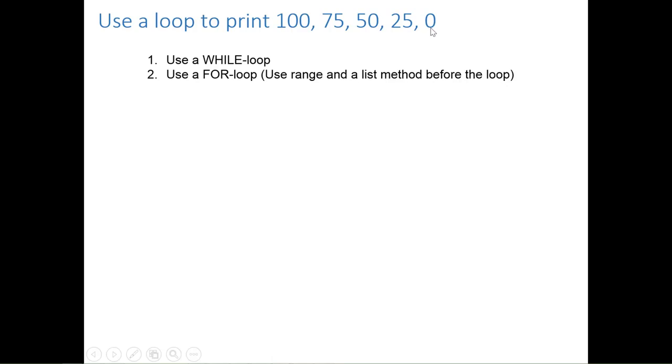So we can set that condition to check if it's still greater than or equal to 0. And finally, we want to make sure that we update the looping variable. In this case, instead of incrementing, we're going to decrement. In other words, go down by 25.